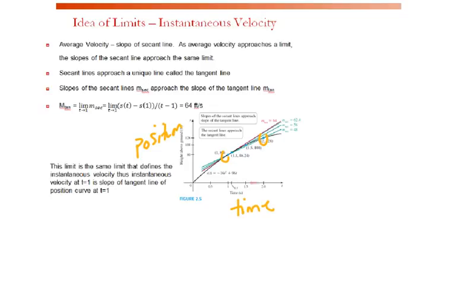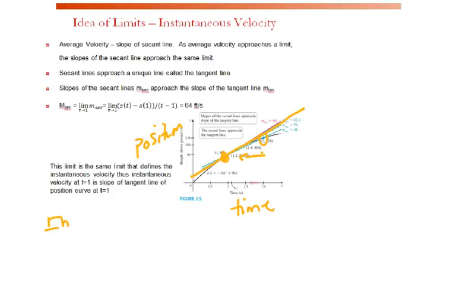As that interval shrinks, the secant line through those 2 points gets steeper and steeper until ultimately, if we're looking at just this point, the slope of the tangent line to that point is going to equal the slope of the secant line. So instantaneous velocity is the slope of a tangent line on a position curve.